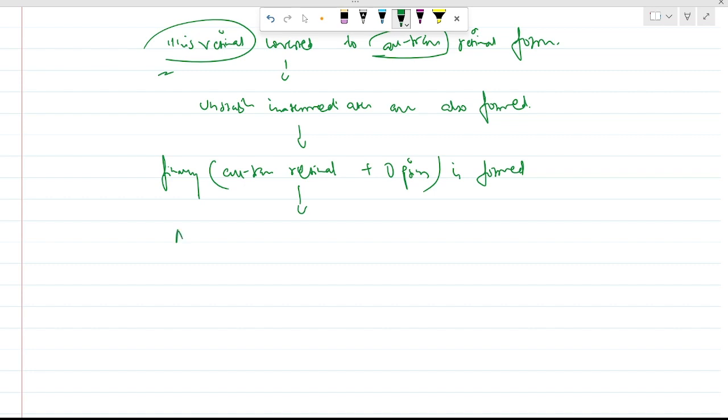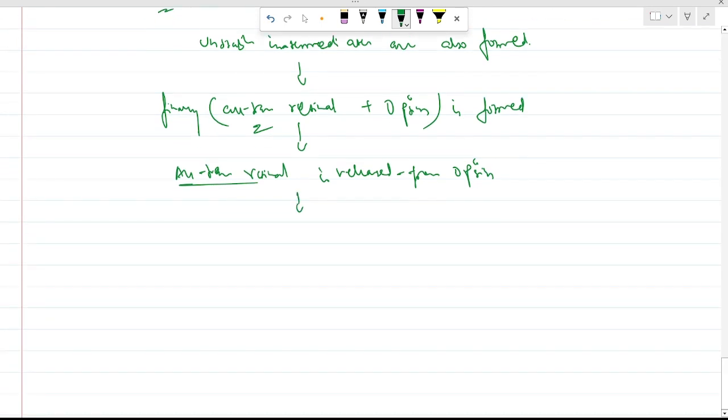Then all-trans retinal is released from opsin. So after binding to opsin, all-trans retinal is released.